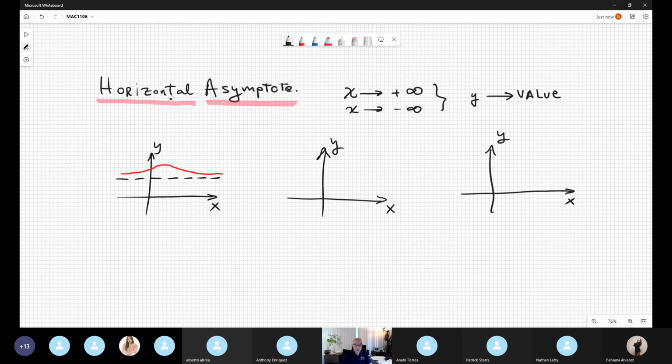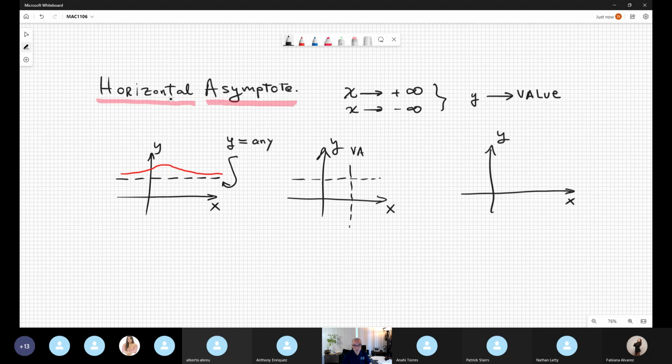Okay, another scenario when we have a vertical asymptote, very popular, and a horizontal one. By the way, I forgot to say that the equation for the horizontal, because it's a horizontal line, is y equals any number.